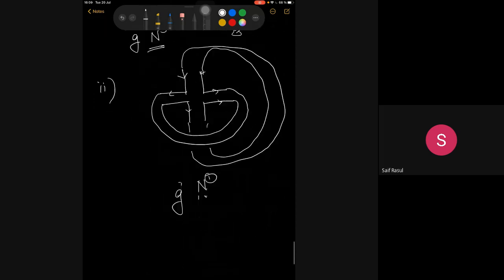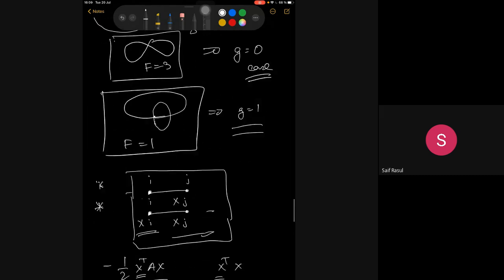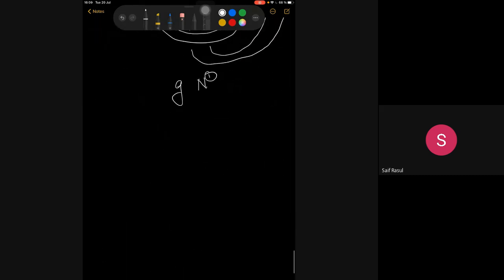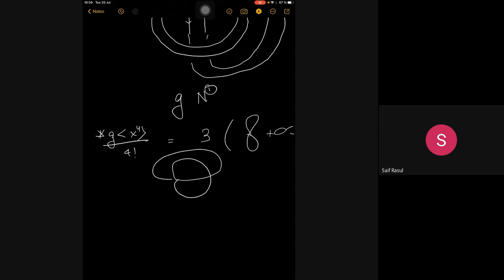Previously, if you remember our x^4 case, you had 3 of these graphs, for example this, this, and this one, all of them weighted by g.